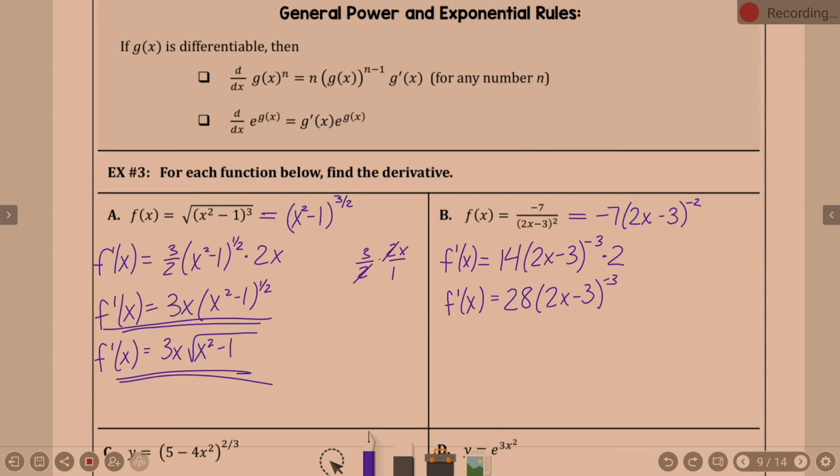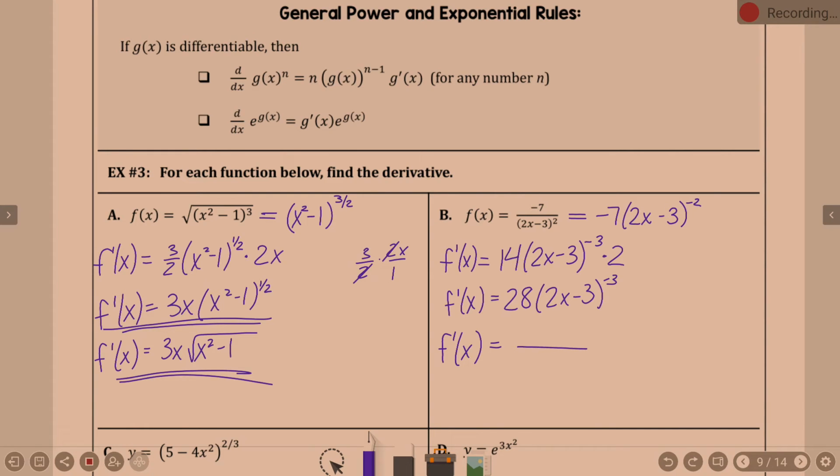I take it in 2 steps. Okay, so 2 times 14 is an excellent move, right? Take the 2, multiply it out front with the 14, you have a 28. And so at first I wrote it as 28 times 2x minus 3 to the -3rd. And then officially, what I'd probably recommend is get rid of the negative exponent, so move it to the denominator.